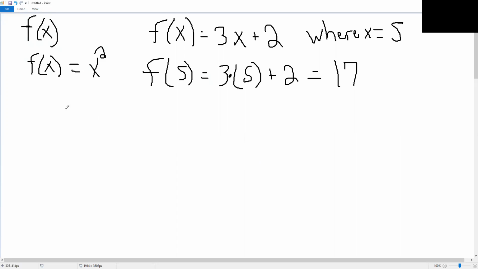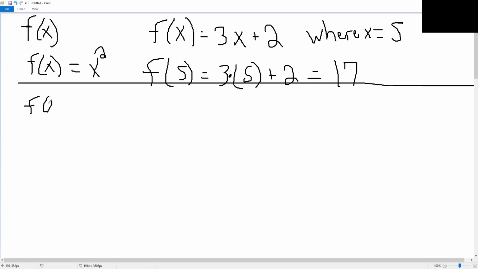So let's give some more. f of x equals 5x squared minus 4x plus 3, where x is equal to -3.